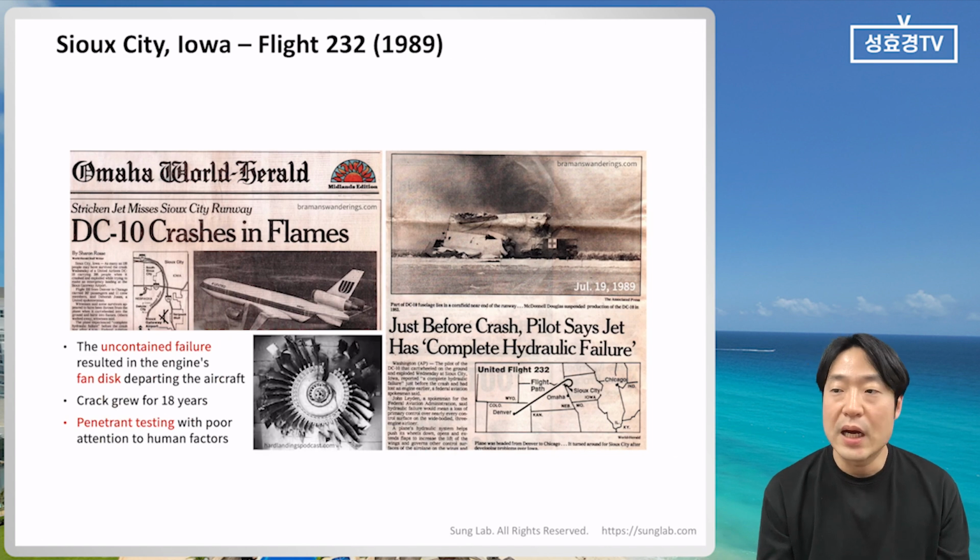And Sioux City, Iowa flight 232, it is 1989. As you can see, when we think about the engines, they have the blades. In here, the uncontained failure resulted from the engines, with the fan disc departing the aircraft.